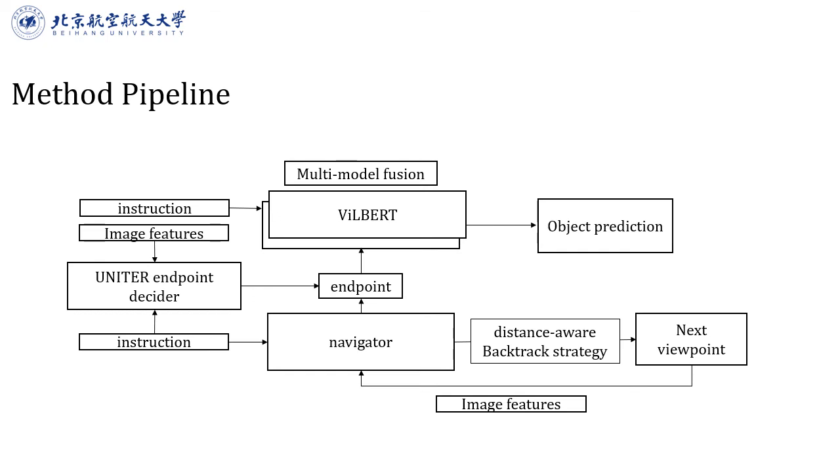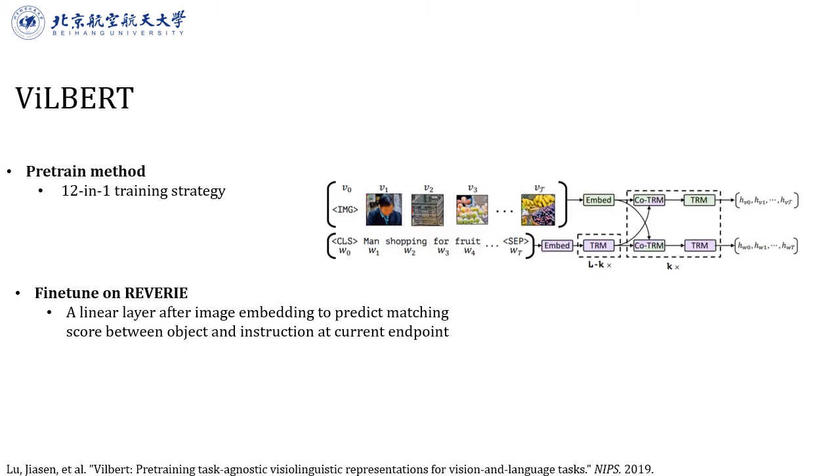And come back to the method pipeline. It comes to the last part of our method, the multi-module fusion of ViLBERT. ViLBERT is a two-stream pre-trained model, and it shows state-of-the-art results in lots of vision and language tasks.